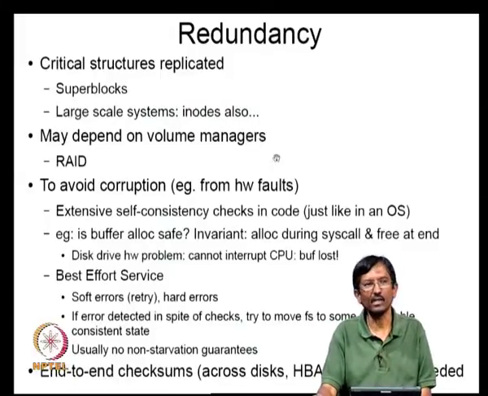There is already data saying, for example, that in large scale systems almost every 15 minutes or so there is a silent corruption. If we're talking about very large web hosting or cloud computing places, every 15 minutes there is an undetectable error. Of course, you can detect it through checksums.